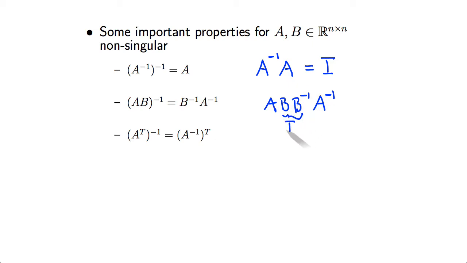This just becomes the identity. So this equals A times A inverse, which equals the identity. So this proves that the inverse of A times B is just B inverse times A inverse.